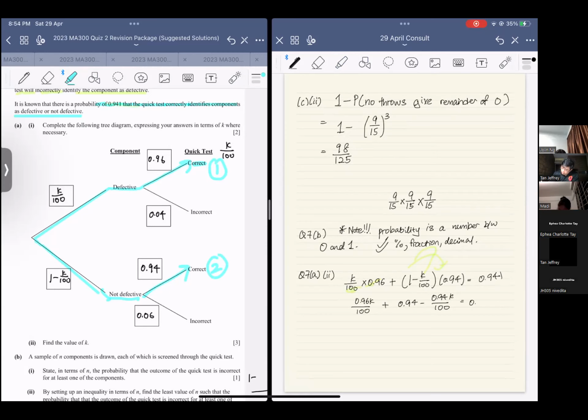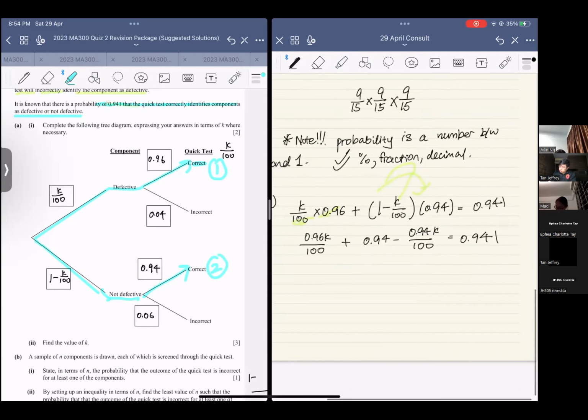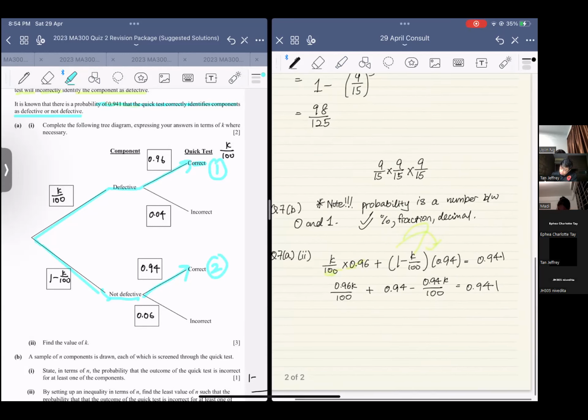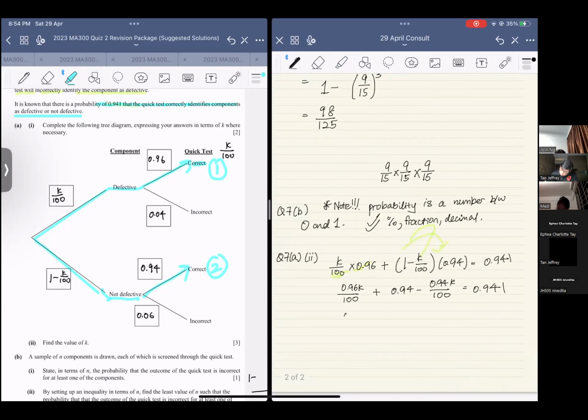Okay, 0.941. Then personally, I don't like to deal with fractions, so I multiply all by 100: 0.96K plus 94 minus 0.94K equals 94.1. So you just solve this equation, you should get K equals 5.